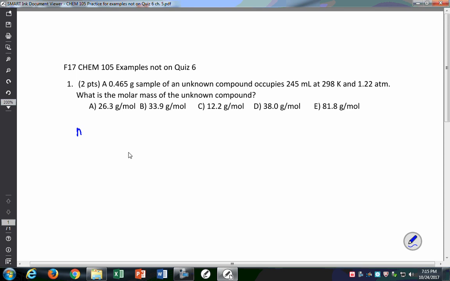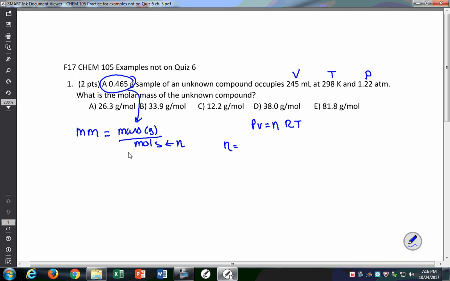Remember, molar mass is equal to your mass in grams divided by moles. Guess what? We have the mass. So all we need to do is find n. And we can find n because we have V, T, and P. So PV equals nRT, and we have PV and T. So we can find n.